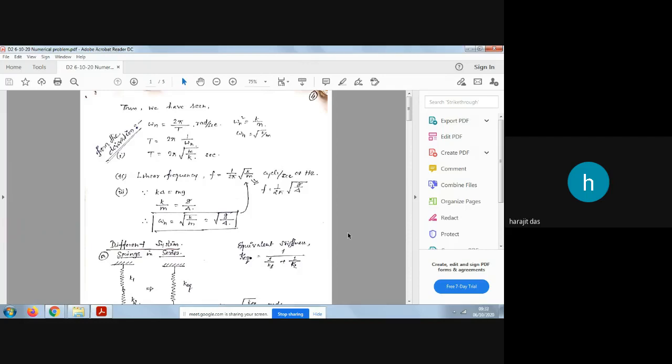For that system, in the last class, we analyzed the motion and found the equation of motion to be m x double dot plus k x equals 0, where m is the mass of the system or of the body, x double dot is the second order differentiation of the displacement, so d square x by dt square with respect to time. Then k x, k is the stiffness and x is the displacement at any time.